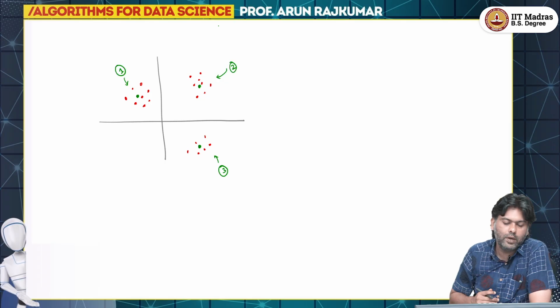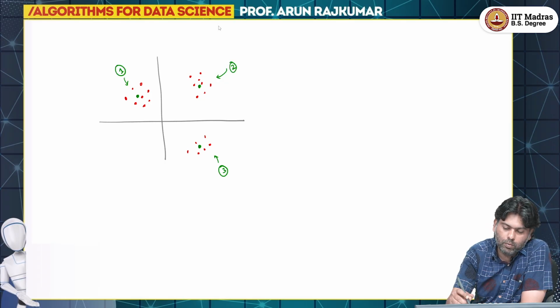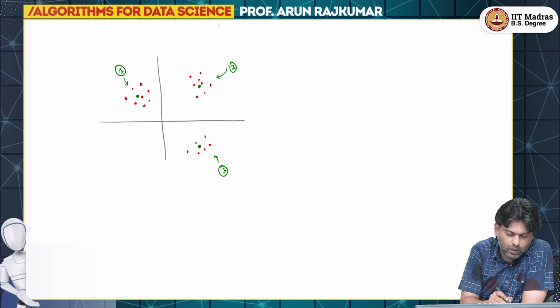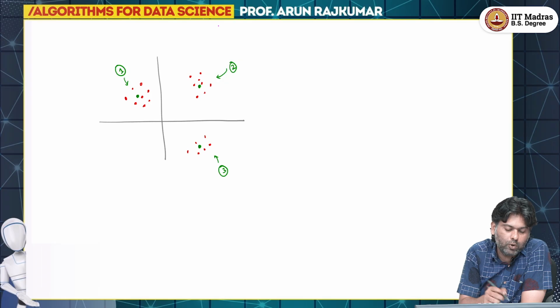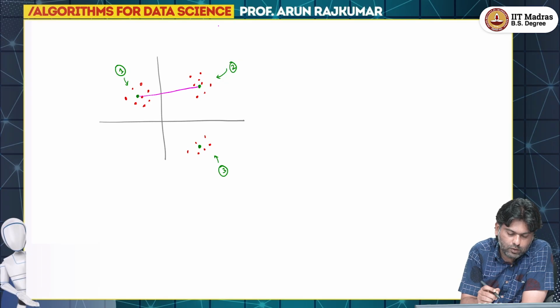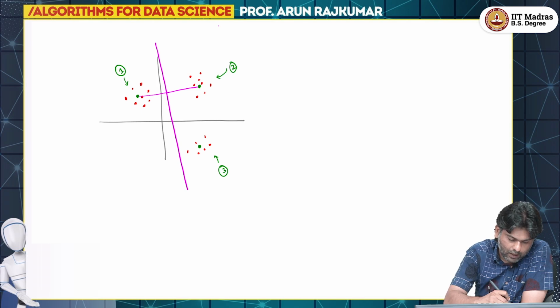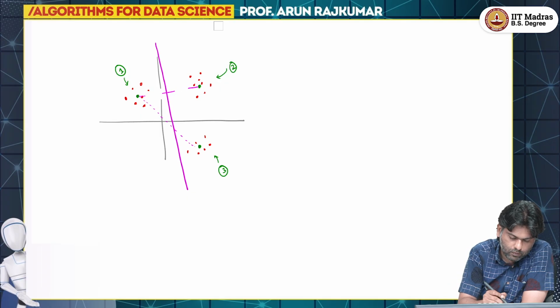Now, if I ask where are the set of points that all belong to cluster 1, that's just precisely the set of points which are closer to the centroid of the first cluster than the centroid of the second or the third, which, if you work it out, is going to be to the left of the perpendicular bisector of the line joining cluster centroid 1 and 2, and at the same time, maybe I'll make this dotted, assume that's a line.